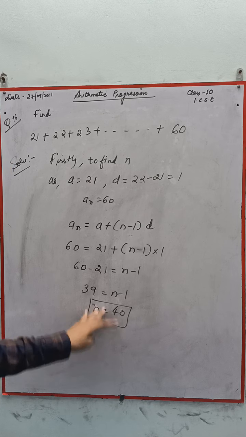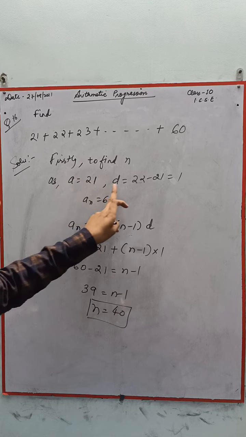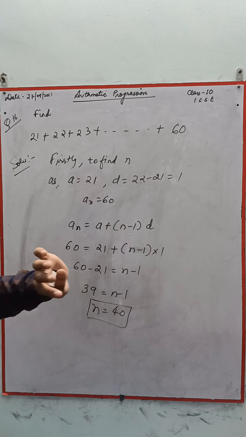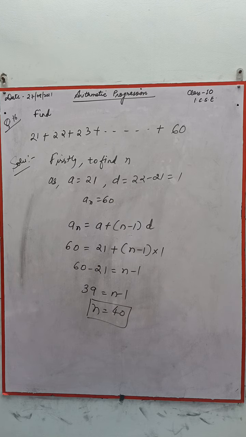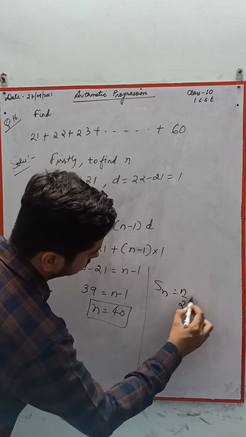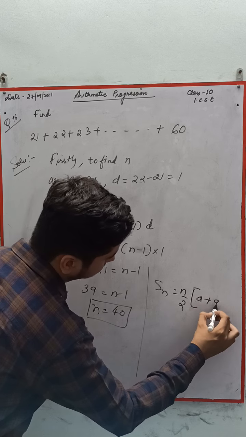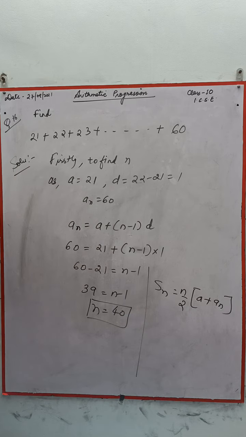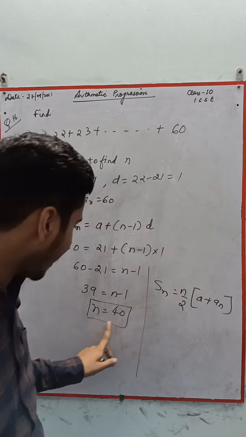We got n, we have a with us, we have d also, but there is one more formula which will easily take you to the solution, that is (a plus an) upon 2 times n. For this formula also we require n.